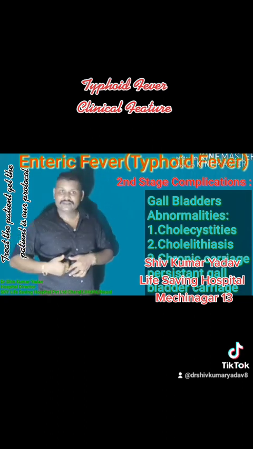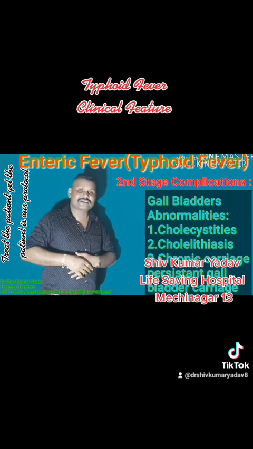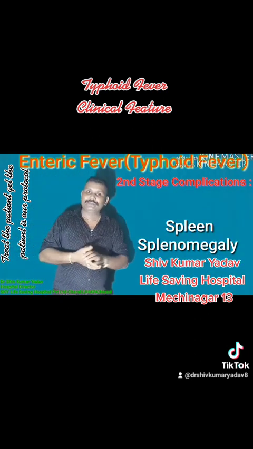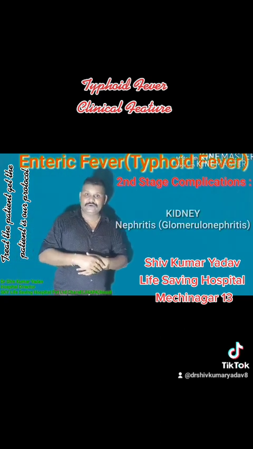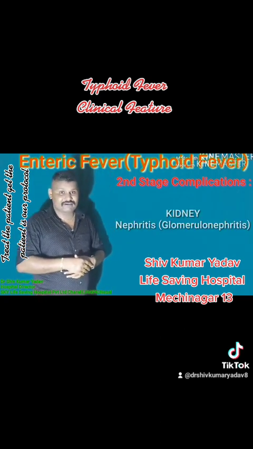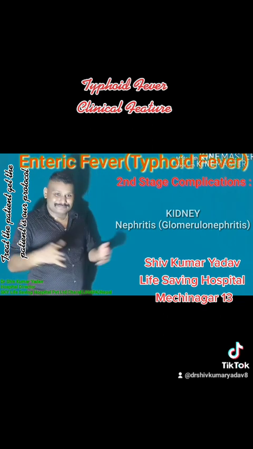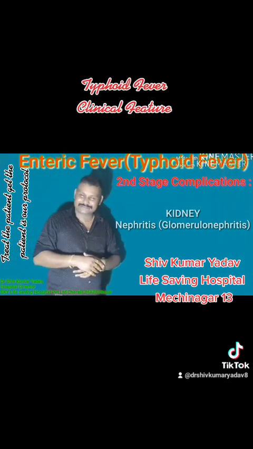The patient may also have cholelithiasis or cholecystitis, infection or inflammation in the gallbladder. We may see splenomegaly. In the kidney, we may see glomerulonephritis, or we can say nephritis. We already know about nephritis. The most prominent sign is the presence of RBC casts.